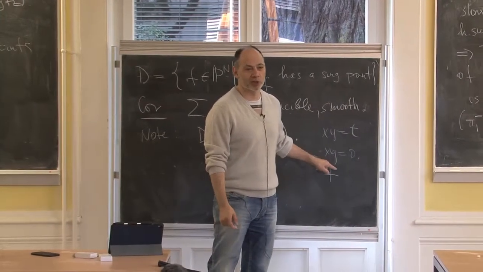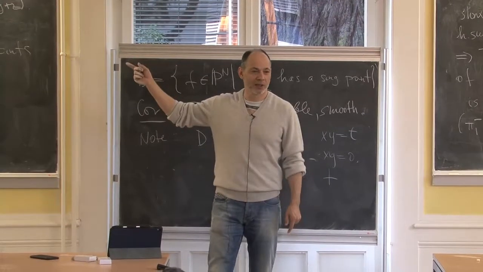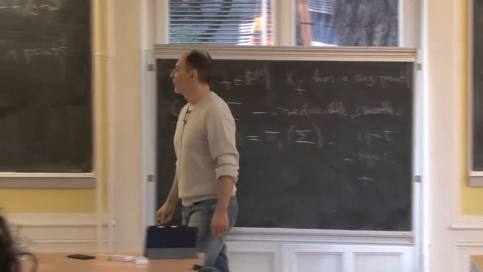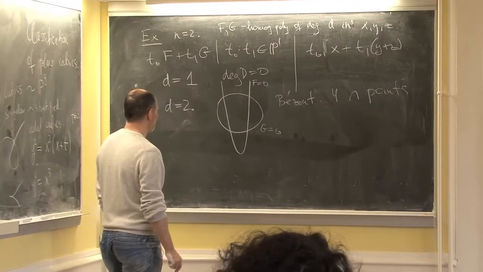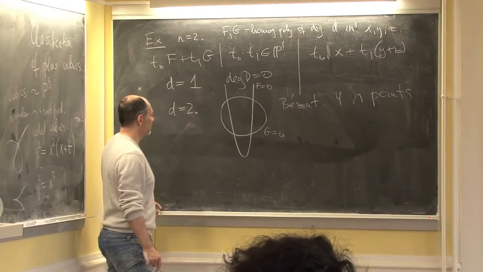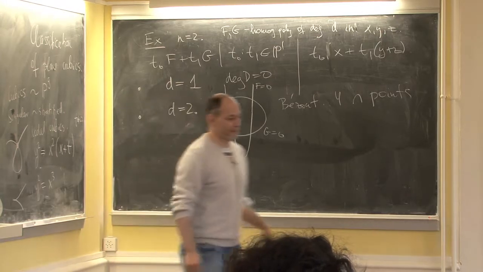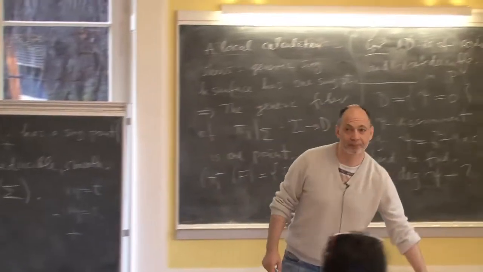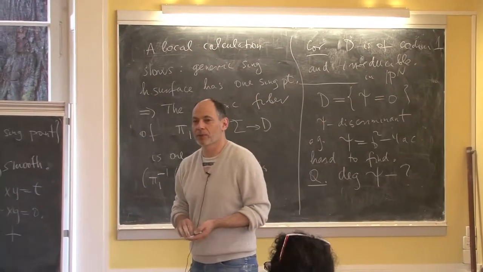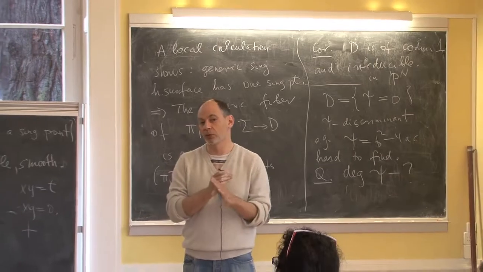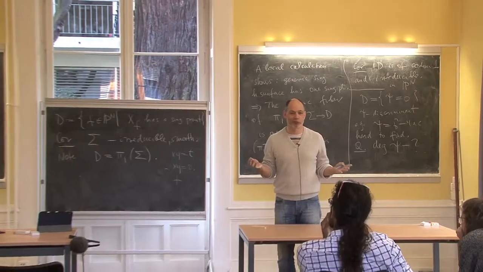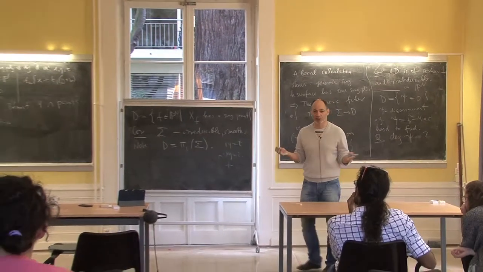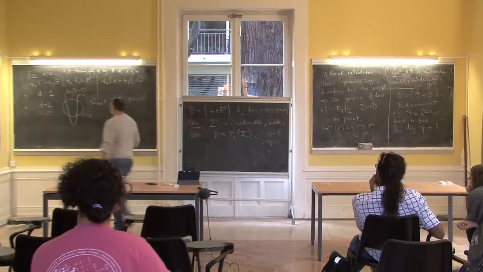So how can you construct these things so that they go through these 4 points? Well, it's kind of obvious. It has to be a product of 2 things, so they have to be lines going through these 4 points. There are not so many possibilities.